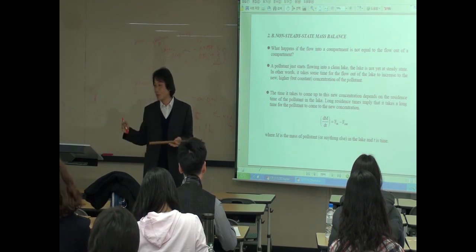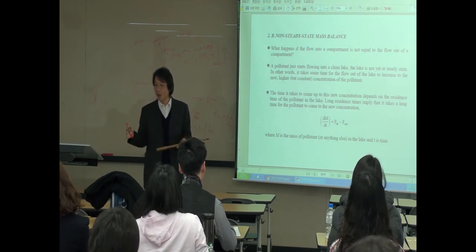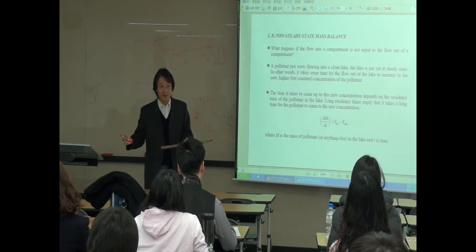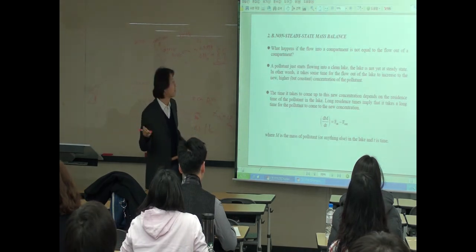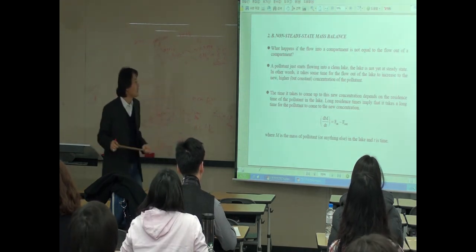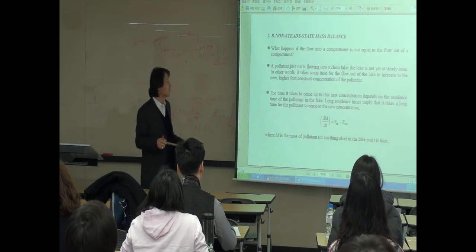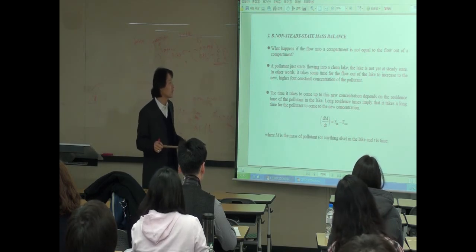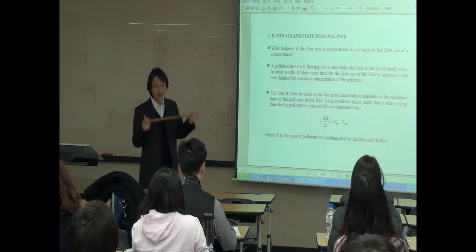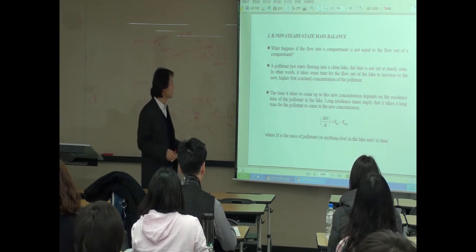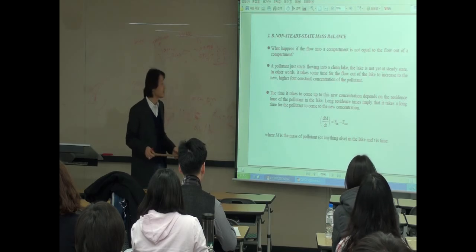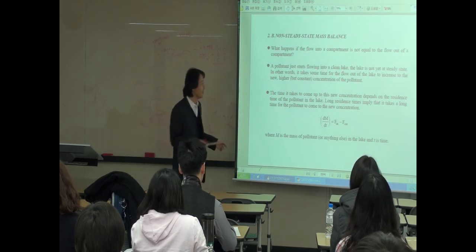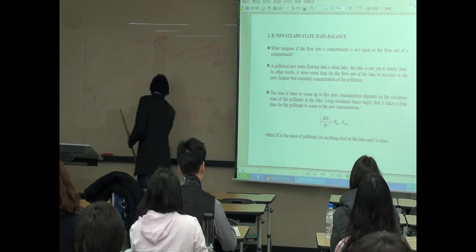The significant environmental factors can change with respect to time, with respect to concentration, and with respect to very significant environmental properties. So here, what happens if the flow into a compartment is not equal to the flow out? So flow in and flow out are different. Well, we can assume one simple example. Flowing, there is a very clear rate here.